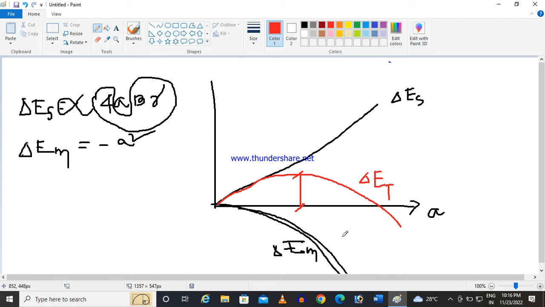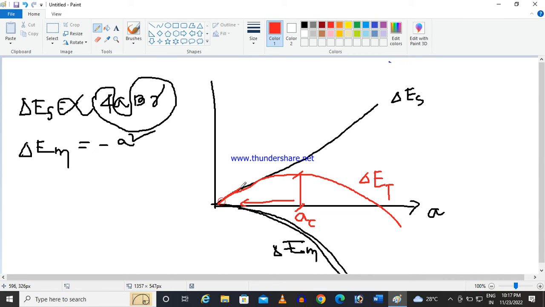Now we can draw one important inference from here. Say I am giving that point the value, the critical crack length AC. So if the crack length is below AC, then what will happen?